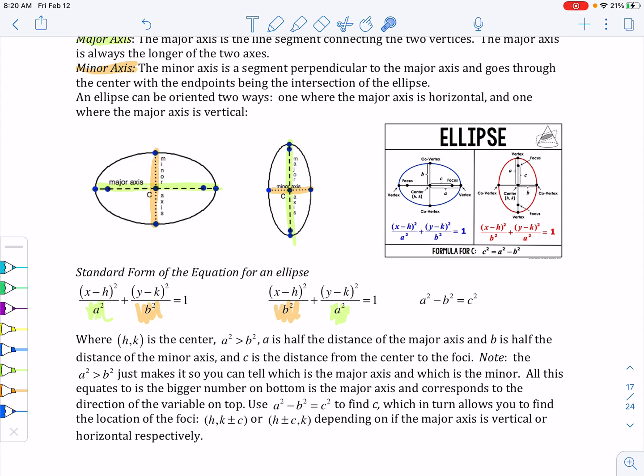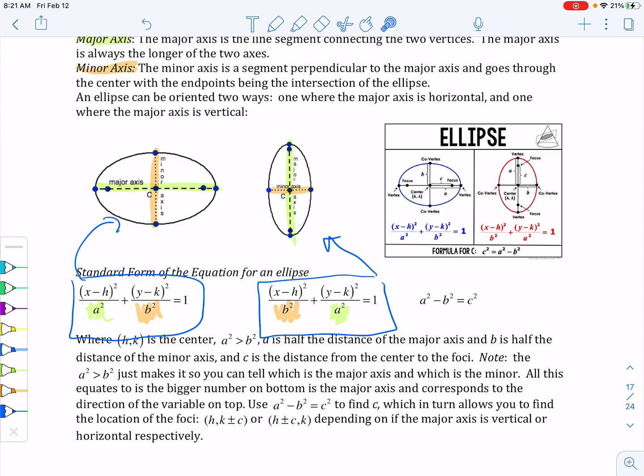This one goes with this kind of shape because the major axis is with the y's. Notice the A goes with the major axis, which is under the y amount. And this one goes with this shape where it's short and fat because the major axis goes with the x. So it's longer in the x distance than in the y distance.